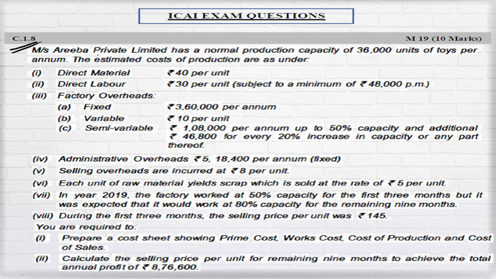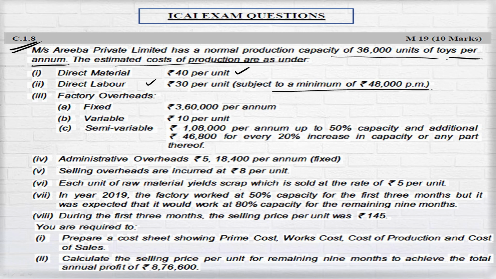M/s Ariba Private Limited has a normal production capacity of 36,000 units of toys per annum. The estimated cost of production are as under: direct material, direct labor, subject to minimum of rupees 48,000 per month. Please concentrate.